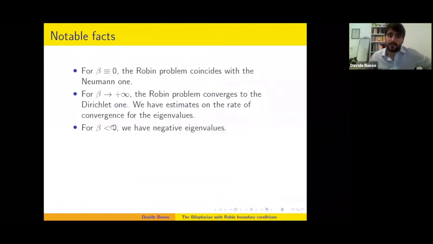The interesting case is when beta is negative. Now, when you consider elastically supported plates, negative beta doesn't make much sense physically, but mathematically it actually makes a lot of sense to consider the case of beta negative. And what happens is that the eigenvalues go negative. You have the appearance of negative eigenvalues.